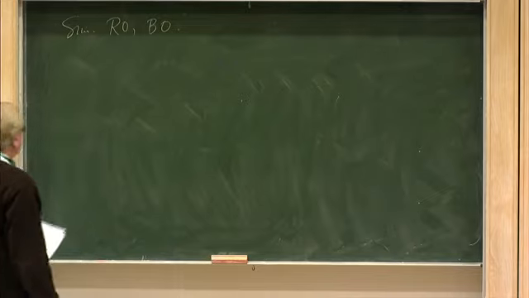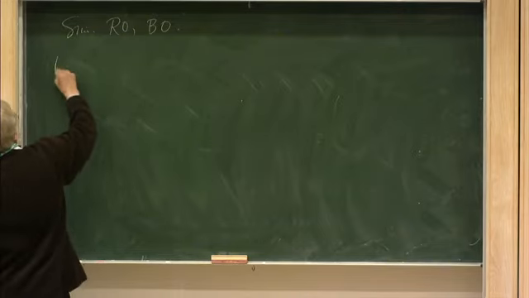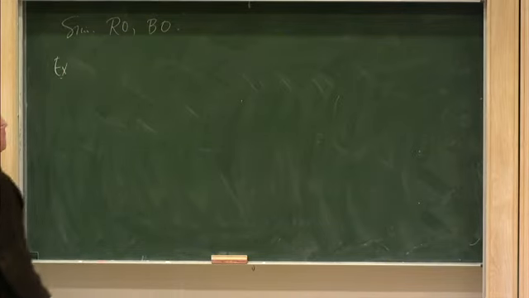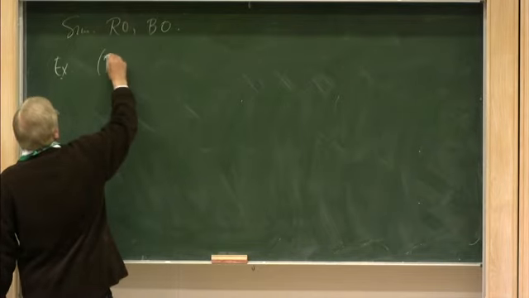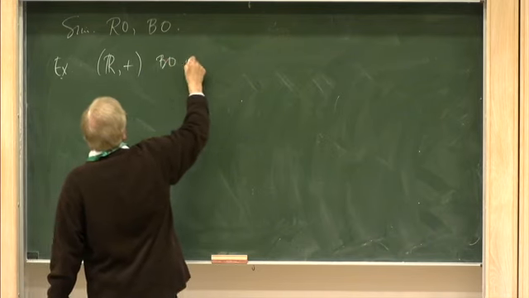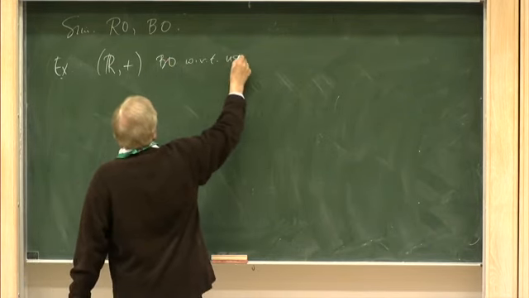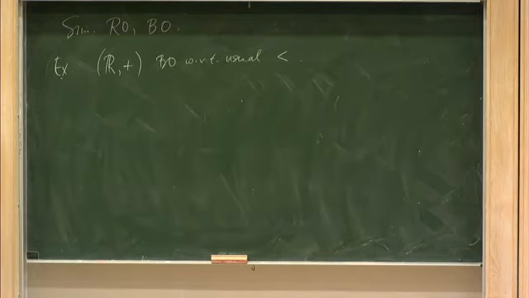It's hard to give non-trivial examples at this point, but let me just give a very obvious example: the additive group of the reals is bi-orderable, with respect to the usual order. It's abelian. Most of the groups we're going to be dealing with, of course, are non-abelian.